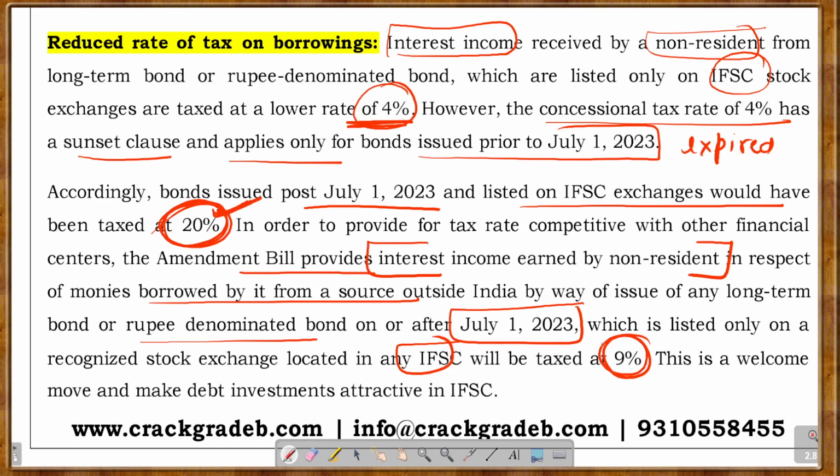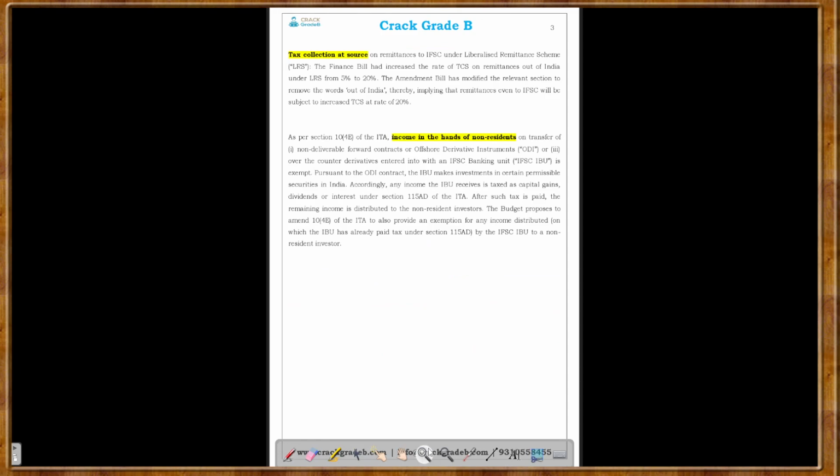But now the government has said that we cannot make it 4%, but yes, we will provide you the benefit and we'll tax it at 9% instead of 20%. Instead of going for the default, you have to remember just this, that any interest income earned by a non-resident from a unit which is listed in IFSC is going to be taxed at 9%.